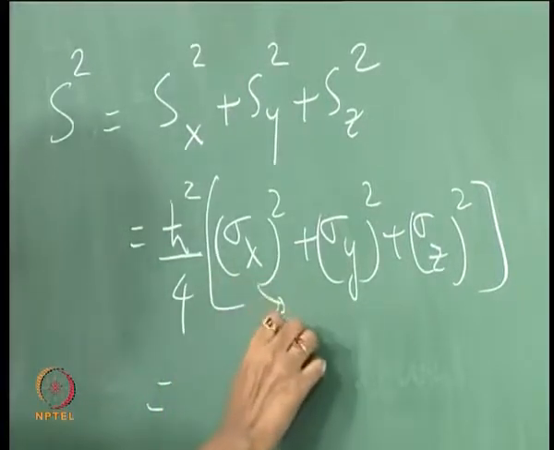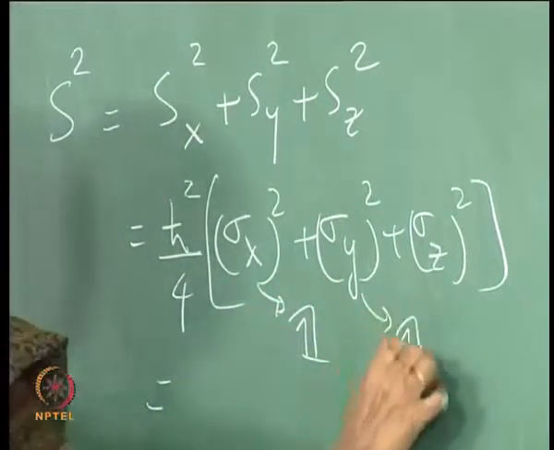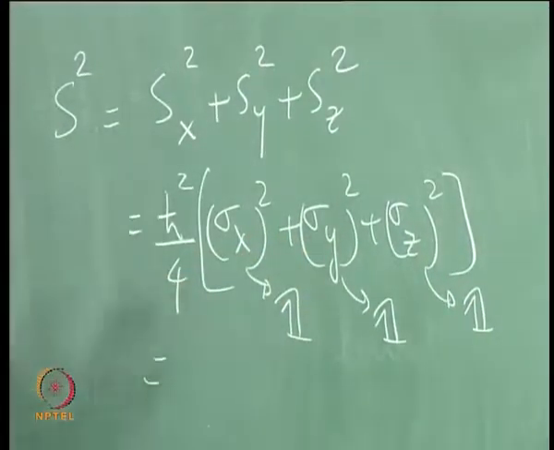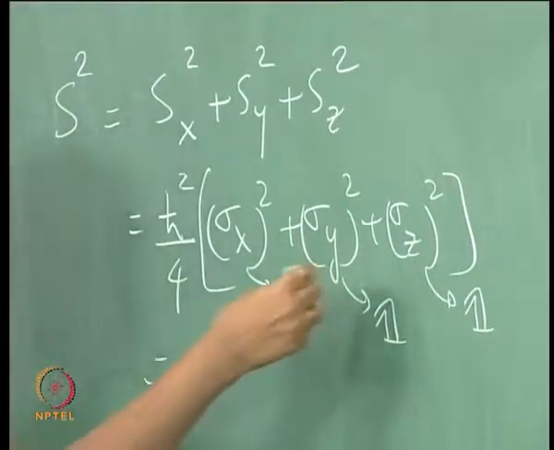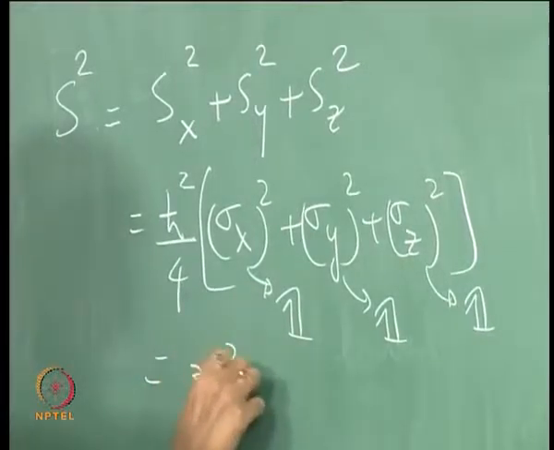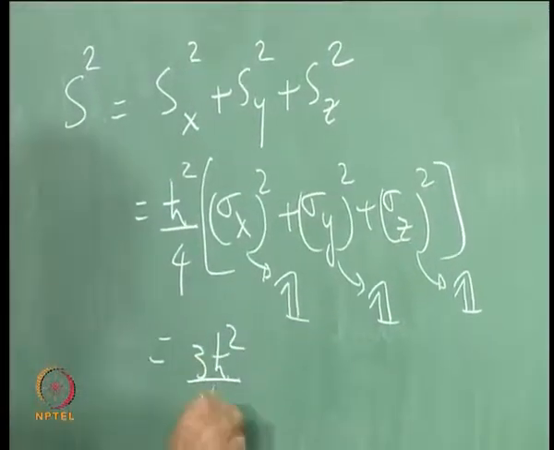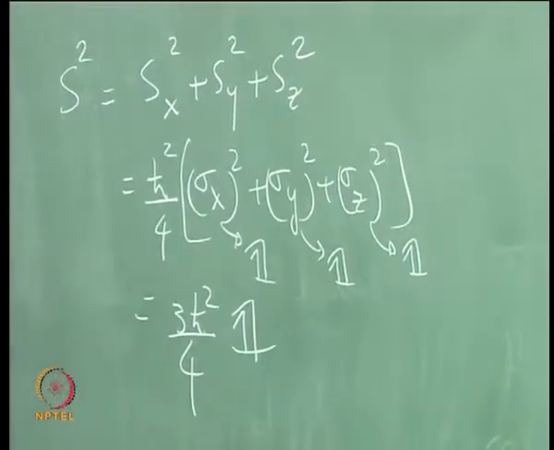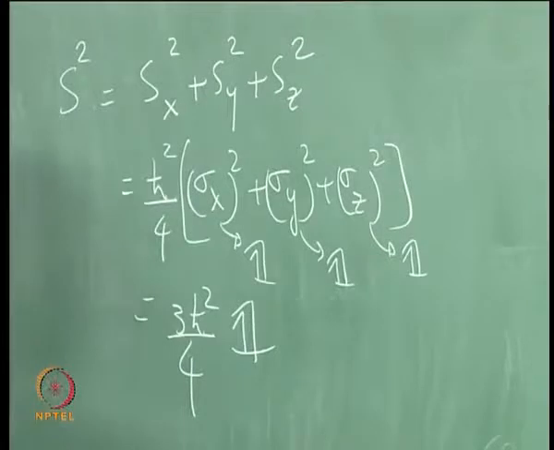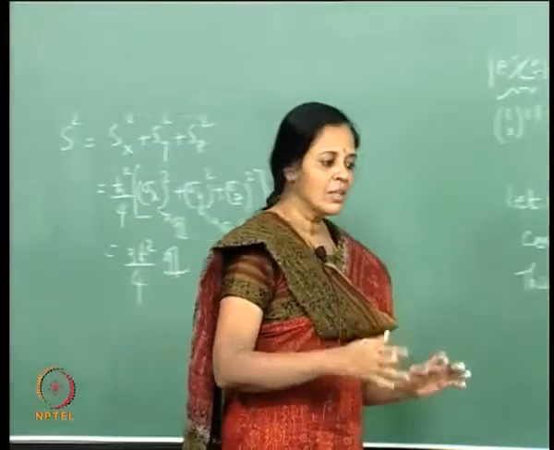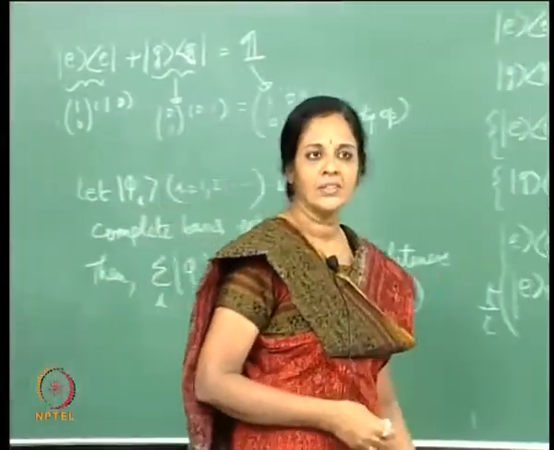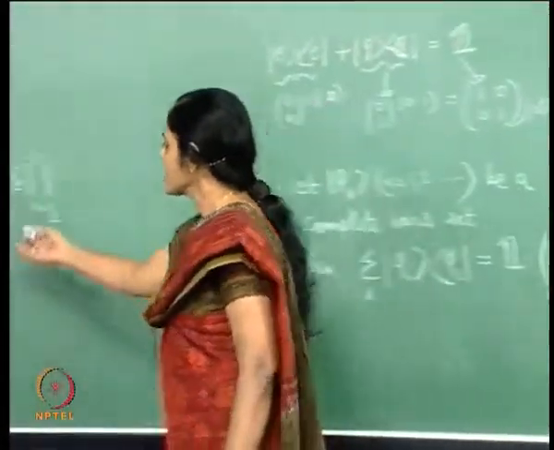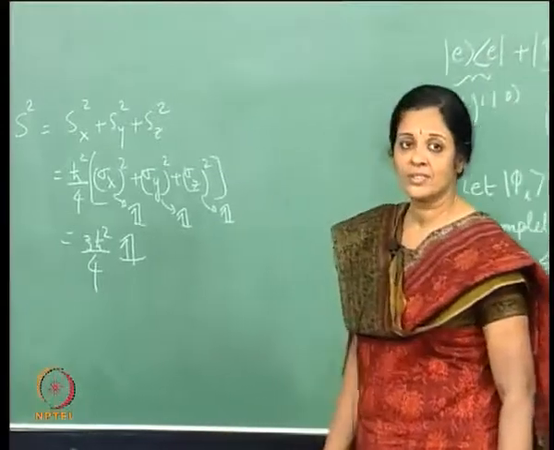But each of them is the identity operator. You can explicitly check this by putting in the matrix representations for sigma x, sigma y and sigma z. Therefore, S squared is 3ħ squared by 4 times the identity operator. It is obvious that S squared commutes with Sx, Sy, Sz, S plus, S minus and so on, because it's essentially the identity operator.